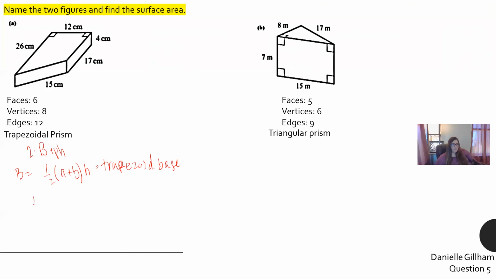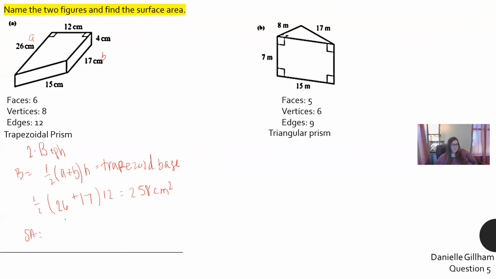So if we have half times side A is 26, this is A, and this is B, plus side B is 17, times 12, equals 258 centimeters squared.